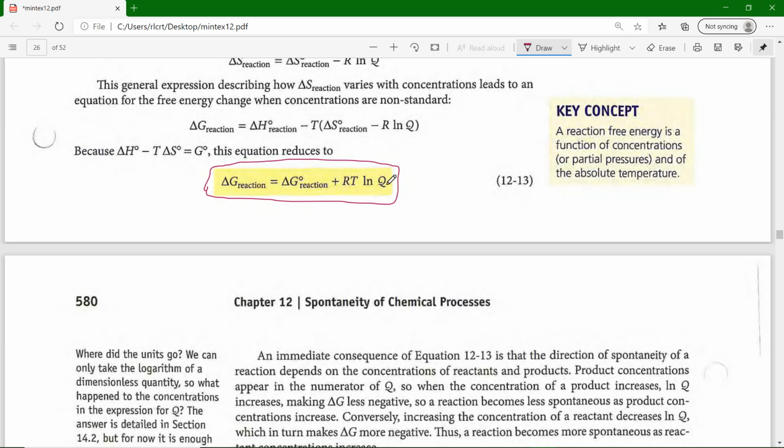What the heck is Q? That's a funny looking Q anyways. I wouldn't draw Q like that. Q stands for the reaction quotient, and that is the initial values. Oh, and now my pen has, oh, this happened before.